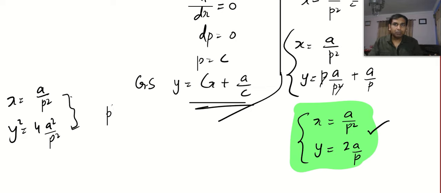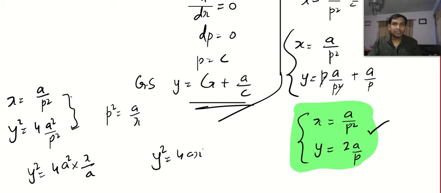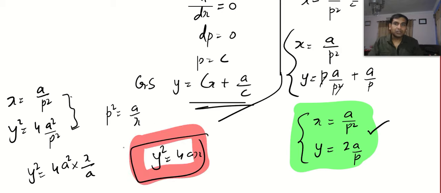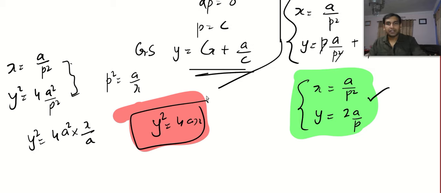So from the first one, p square is a by x, and I can put it here. So I'll get y square equal to 4 into a square into x by a. So I end up with y square equal to 4ax. So this is called the implicit solution. Anyway, let's go for another question.